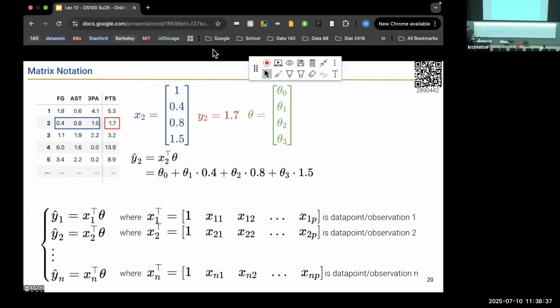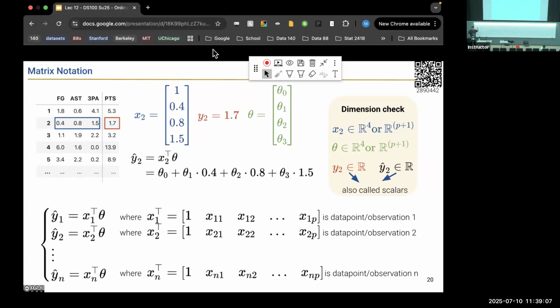Whenever you're doing linear algebra, it's always a good idea, when you work with matrices and vectors, to check the dimensions, so that when you multiply matrices or a matrix and a vector together, the dimensions match up. That's a good basic check for your calculations. So let's check the dimensions. x2 has 4 entries, so it's an element of R4. Theta also has 4 entries.